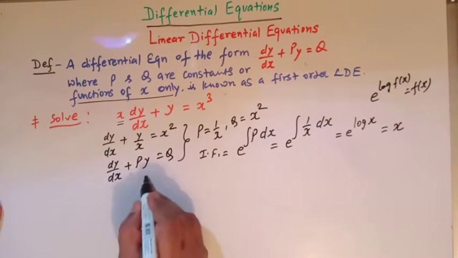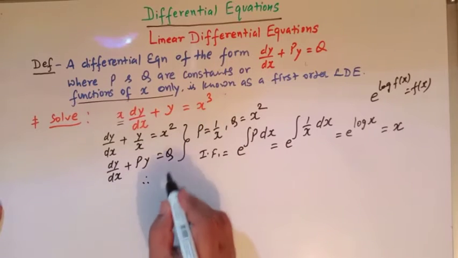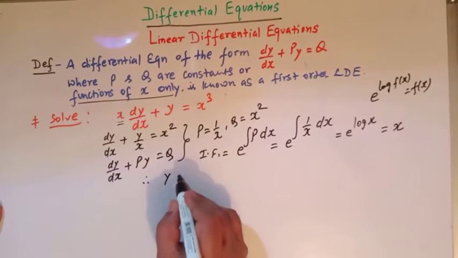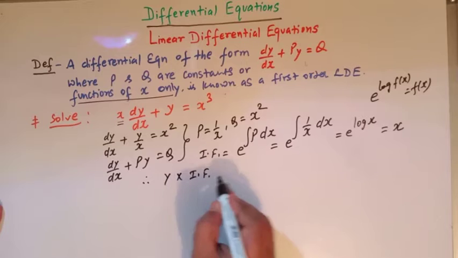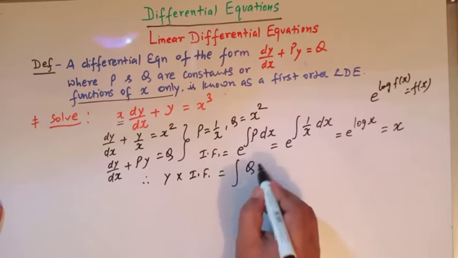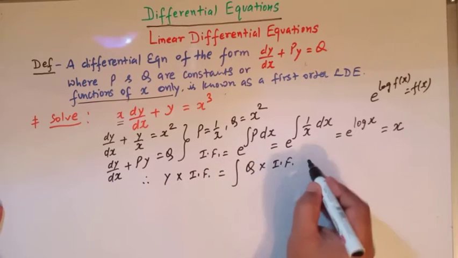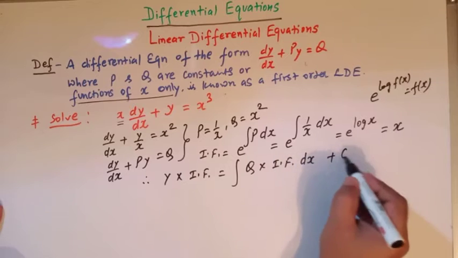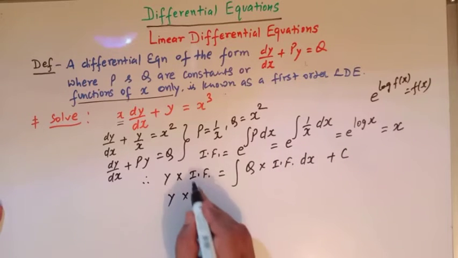So the solution of this linear differential equation is y times the integrating factor equals the integral of q times the integrating factor dx plus c. Now we substitute the values.